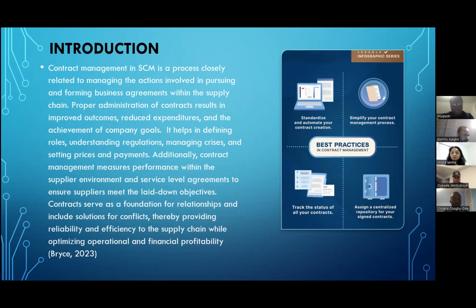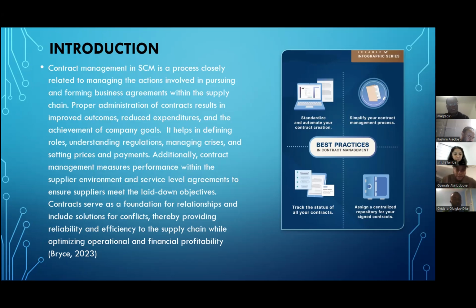Contracts also measure supplier performance and ensure service levels meet objectives. Ultimately, contracts define relationship terms and provide solutions in case of disputes, enhancing supply chain reliability, operational efficiency, and financial profitability.